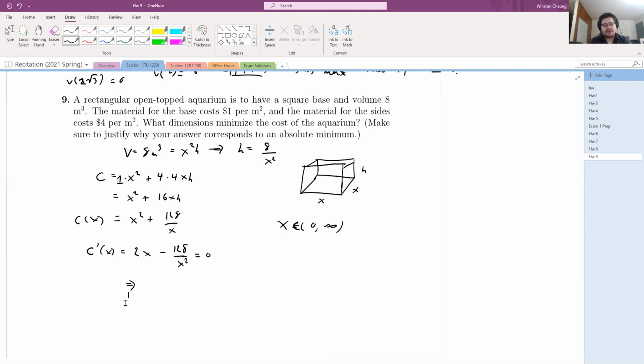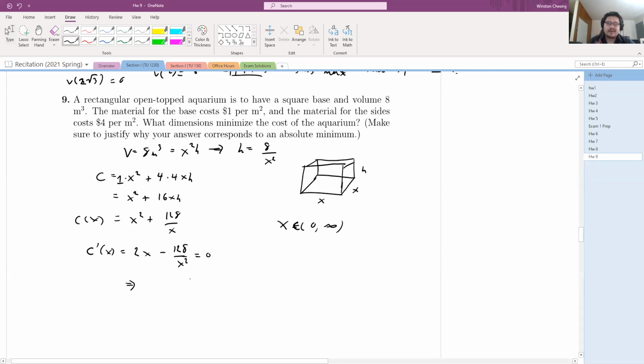Normally, you're taught to take this fraction, move it to the other side, and multiply by x cubed. The problem is with that multiply by x cubed. People are just going to do that, and then they're not going to realize that implicit in that is an assumption that x is not equal to 0.